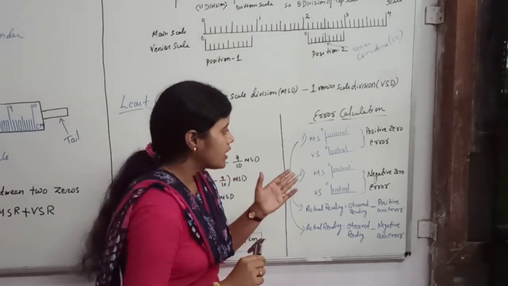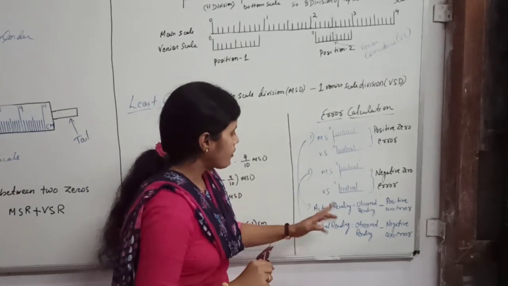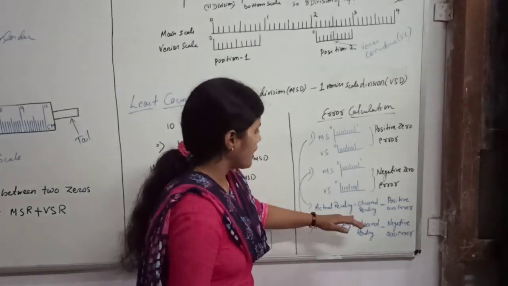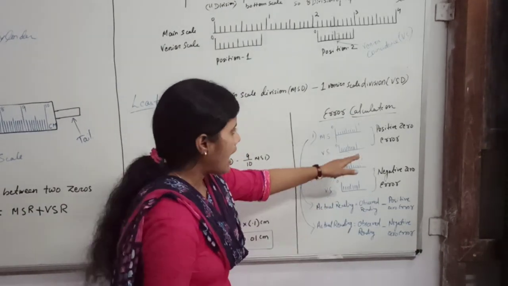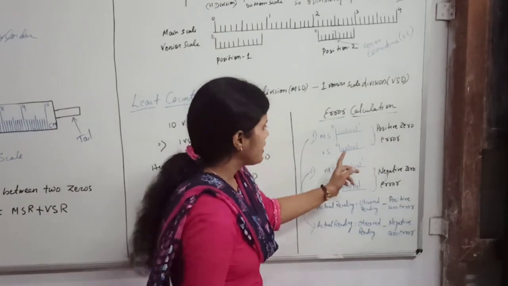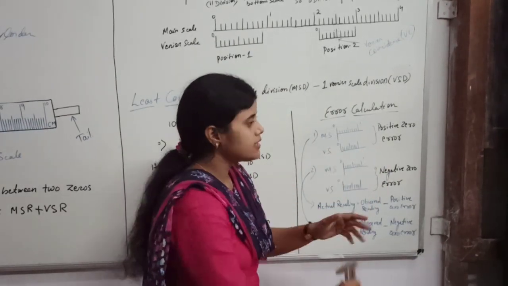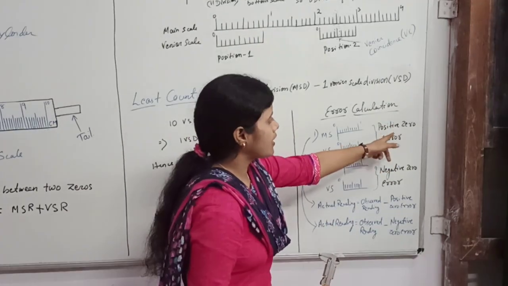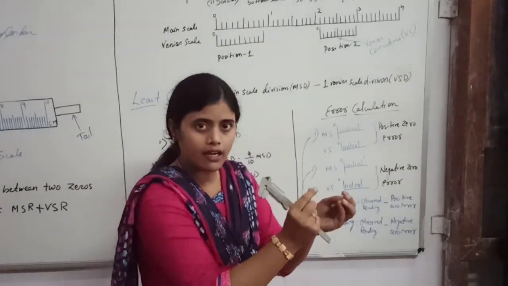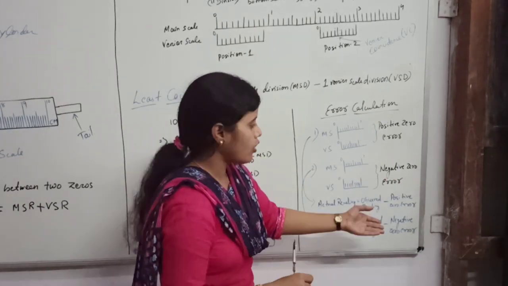So in case of positive error, the final answer will be our actual reading. As this contains positive zero error, some extra reading is coming. Positive means it is a little bit in this direction, so this error is giving some extra reading to our observed length.